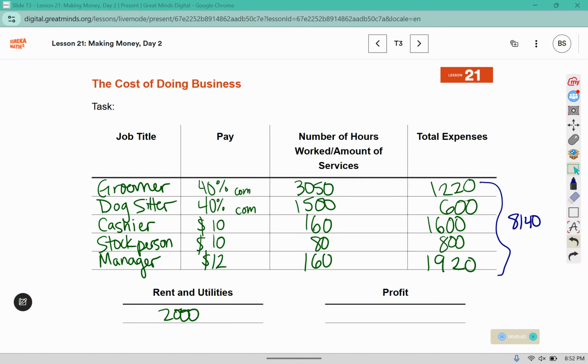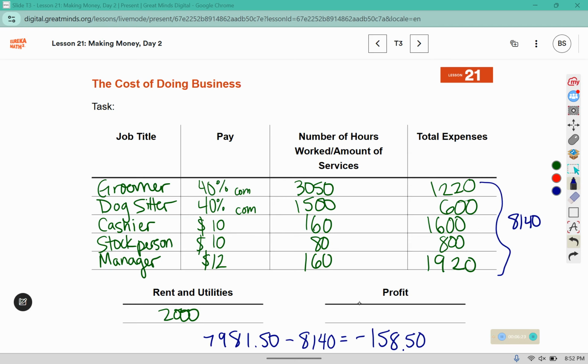But in yesterday's video, we said that if you took out the amount we were charged for wholesale, we were only going to earn $7,981.50. And I have $8,140 in expenses. So I'm not even going to make a profit. $7,981.50 minus $8,140 leaves me with a debt of $158.50.